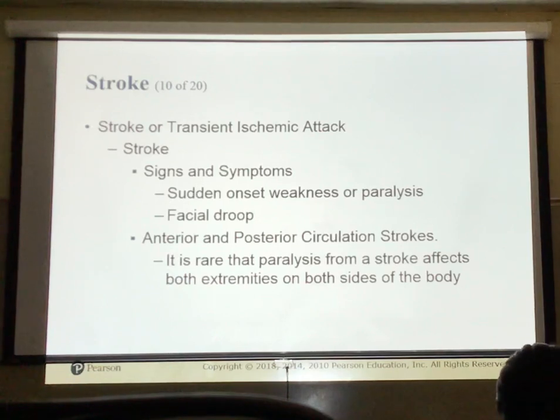So if you walk in and you're talking to this patient and their eyes are pointed to the right side, not necessarily their head, that's called a conjugate gaze, okay? Or the left side. It can be either side.